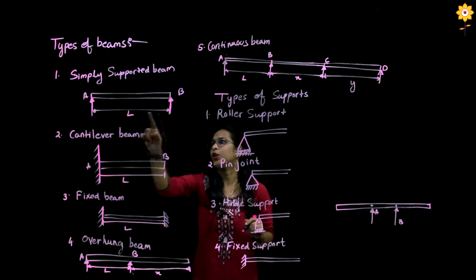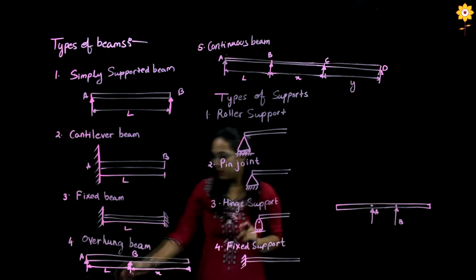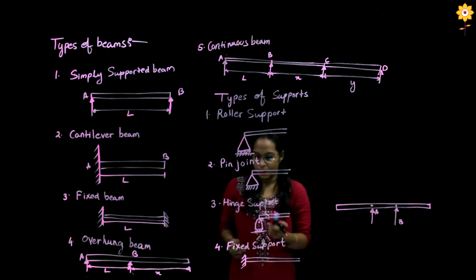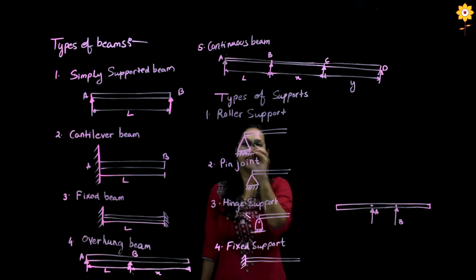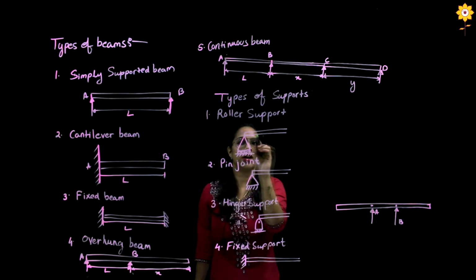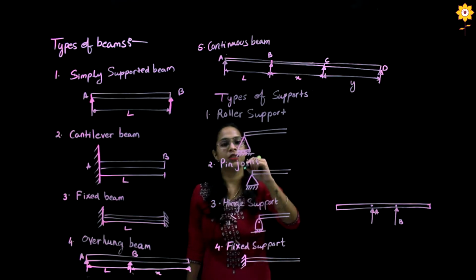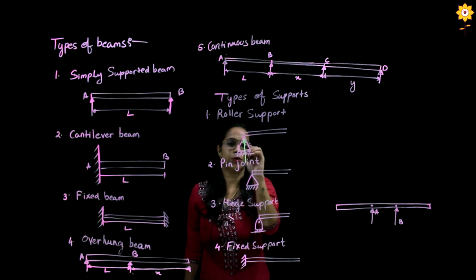Now, as we were talking about the supports, we have four different kinds of supports. In the roller support, the movement of the beam is not restricted in the horizontal direction. It is only restricted in the vertical direction, so we'll only have a reaction in the vertical direction.